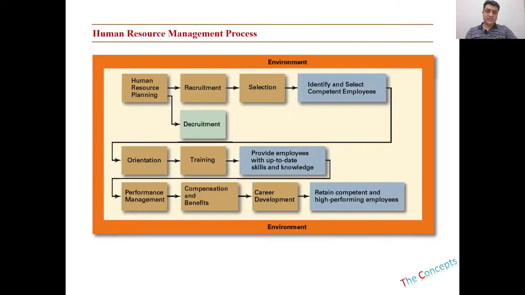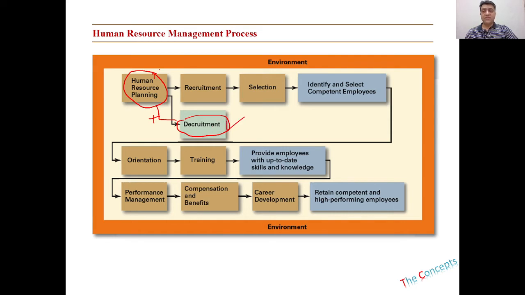So if we look at this diagram, you will clearly see that after the human resource planning, if there is a surplus, which means a plus sign, you will go towards decruitment, which means maybe retiring those people, maybe not renewing their contracts, maybe doing anything to make the balance, which means that the number of people that you want and the number of people that you have are equal.